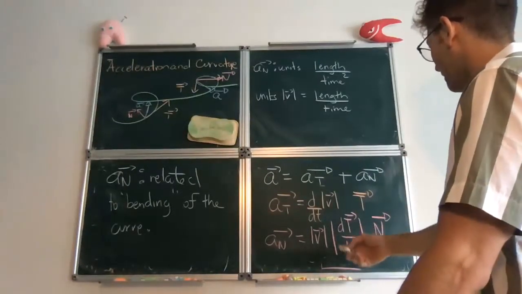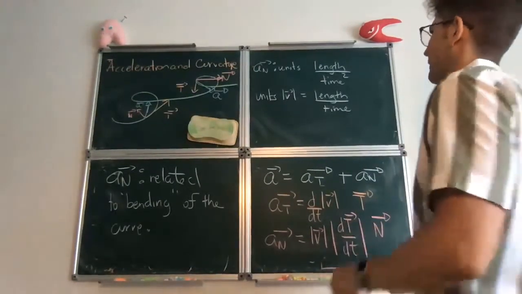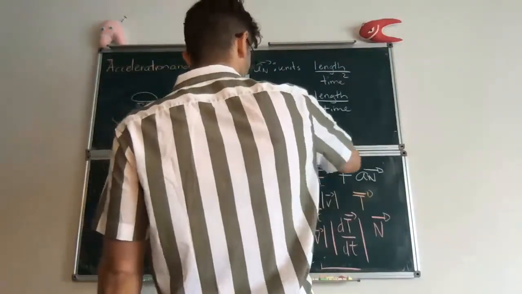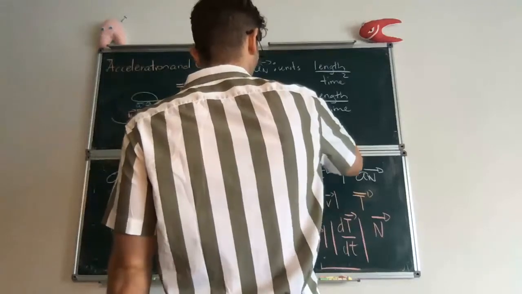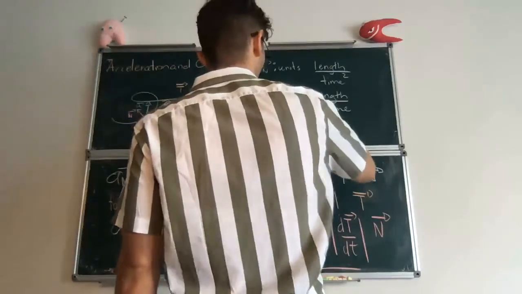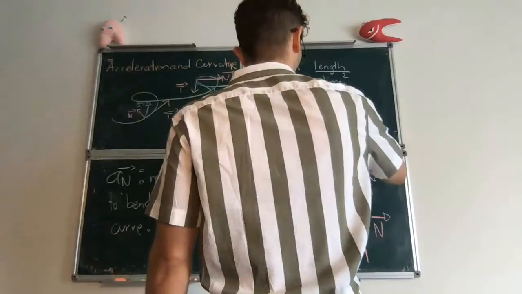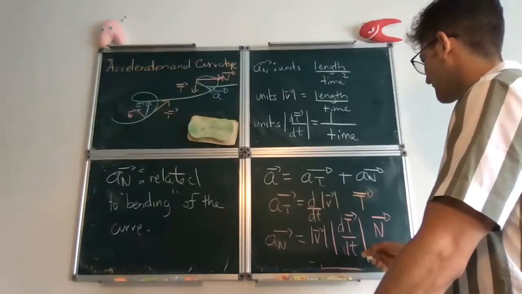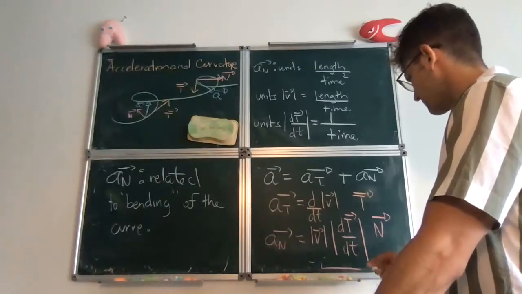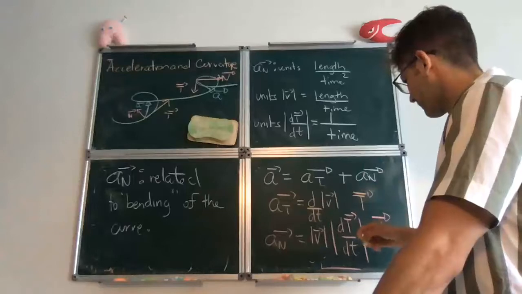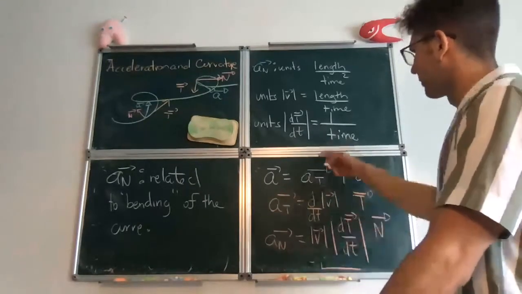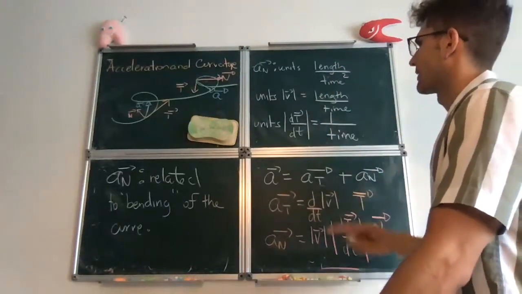And the other one has units of 1 over time. So this makes sense because the product of these two units should give you back this one.